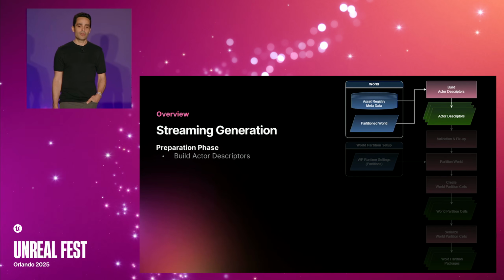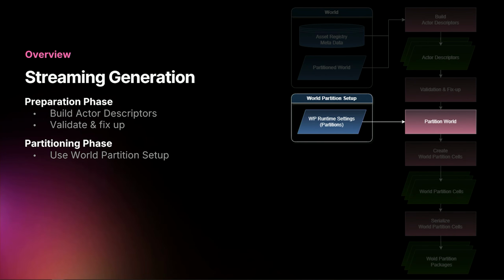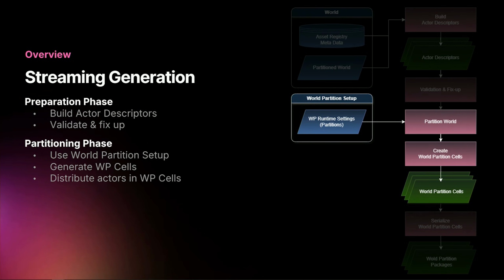So when launching PIE or cooking a partitioned map, the streaming generation process starts by building a list of all the world partition actor descriptors of the world. It then performs a validation pass to detect, report, and correct all the errors, ensuring the content is valid for the partitioning phase. And then the runtime hash handles partitioning using the world partition setup and the provided actor descriptors.